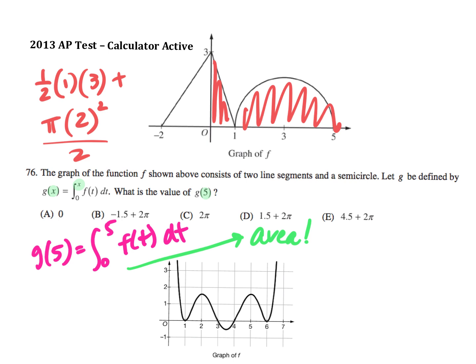How many pi's is that? 4 pi over 2, which is 2 pi. Is that an answer? Yep, that's D. Did they have it if we included the rest of this triangle? One half times 2 times 3, one half of 6 is 3, so 4.5. Yeah, right there. Rude.